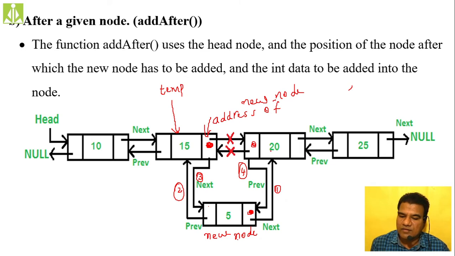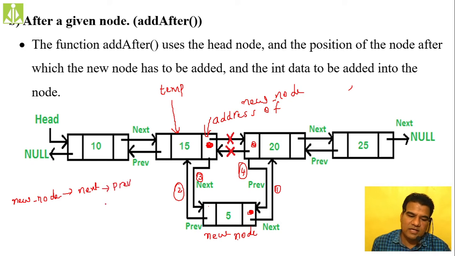New node of next of, again I am coming back with previous. New node of next of previous. See here what statement I have written: new underscore node of next of previous equals new node only. So when I'm writing like this, new node of next means this part which points to this location, and this location's previous means this part, and I'm making it new node.